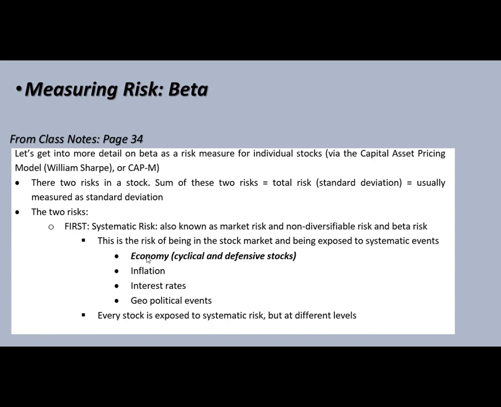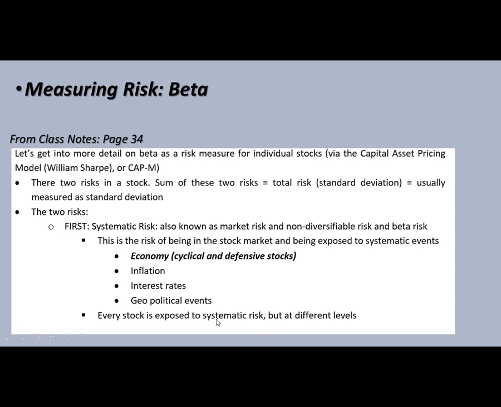There are times when the market's really focused on interest rates and inflation, like it was in the 70s and 80s. Stocks that are very sensitive to interest rates and inflation are going to have much higher betas during those times. There are times when the market's really focused on oil prices. At those times, stocks like Exxon and Chevron are going to have much higher betas. So it just varies over time.